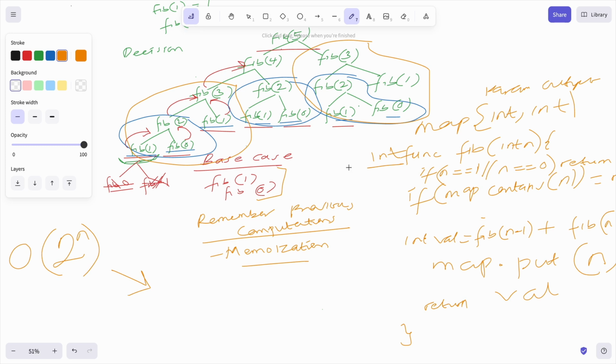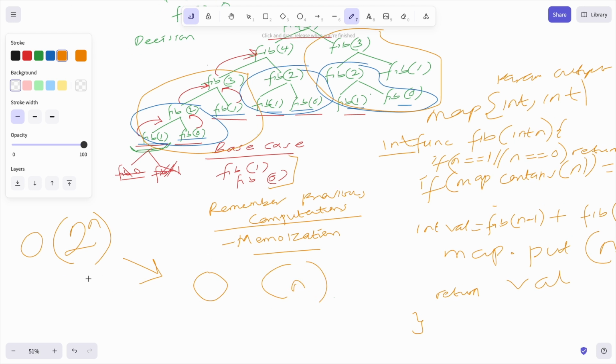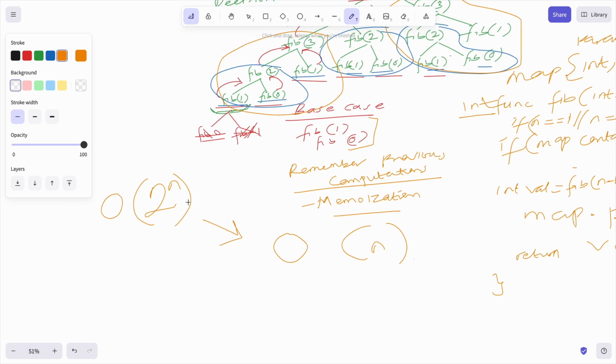Every number in that part to evaluate for 500, we only evaluate once. And that means that the time complexity now becomes O of n. Imagine an exponential time complexity becoming a linear time complexity. That is the power of dynamic programming and memoization here.